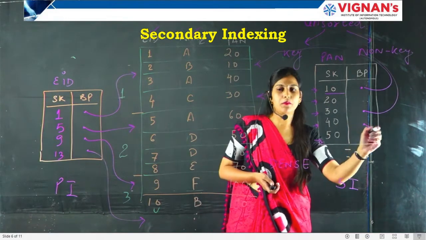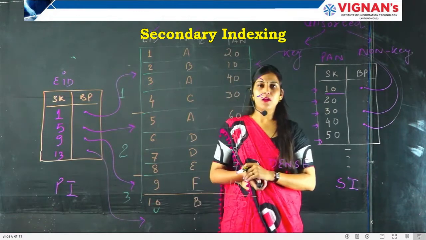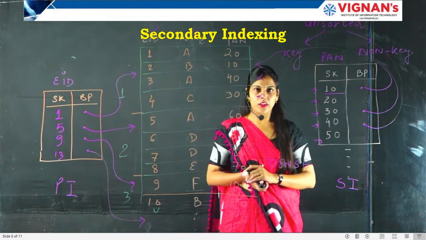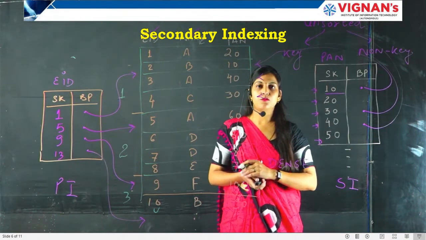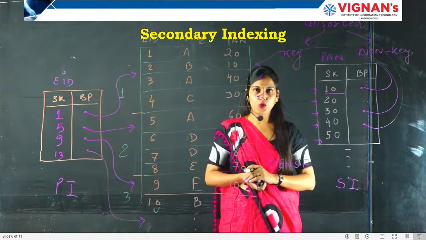Likewise, for PAN number 40, the pointer will point towards the record with PAN number 40. So this is how a secondary index will work for a database file which has unordered but unique data.